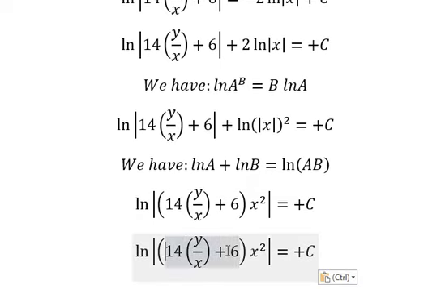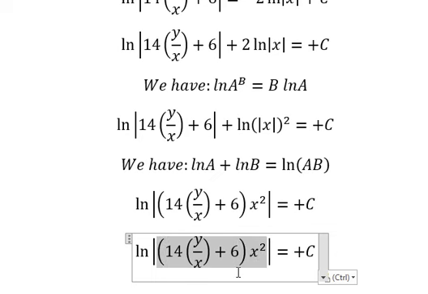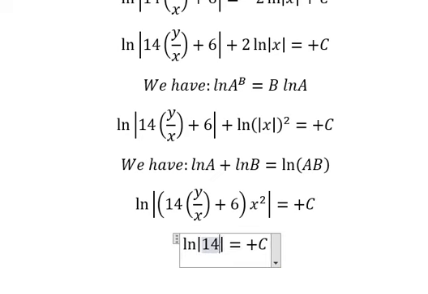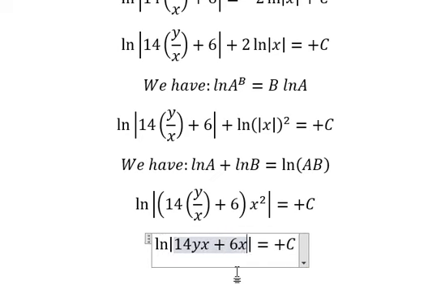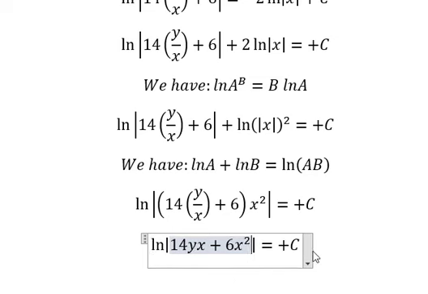Now x squared multiplied by this one, so we have 14yx plus 6x squared. And now I will put e for both sides.